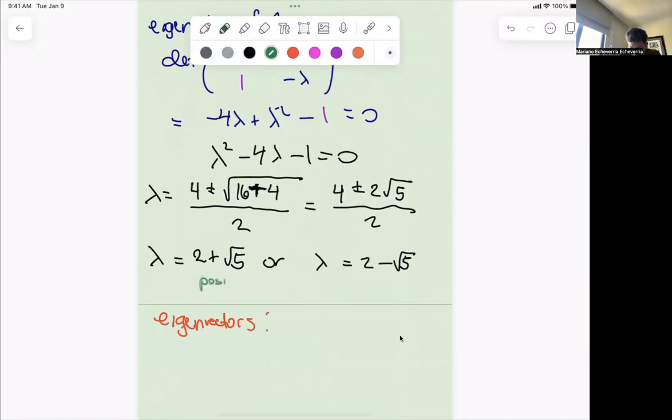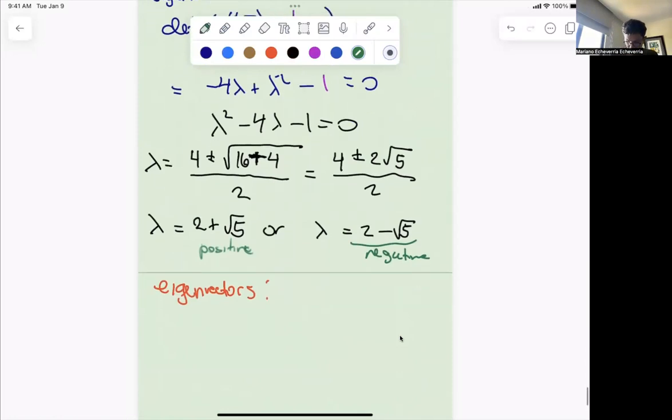Root of 5 is a little bit bigger than 2, because root of 4 is 2 already. So this one had to be negative. Since the eigenvalues are opposite signs, it is a hyperbola.